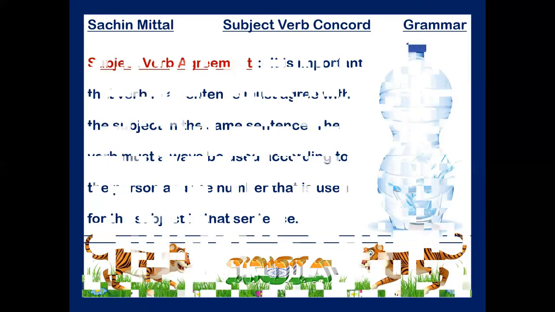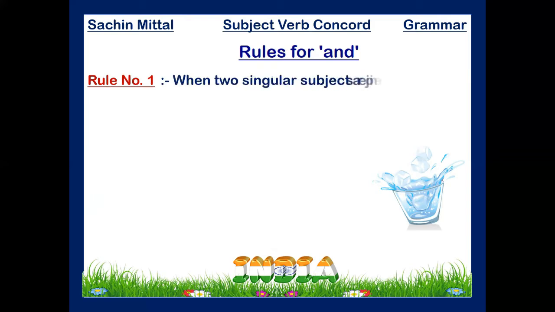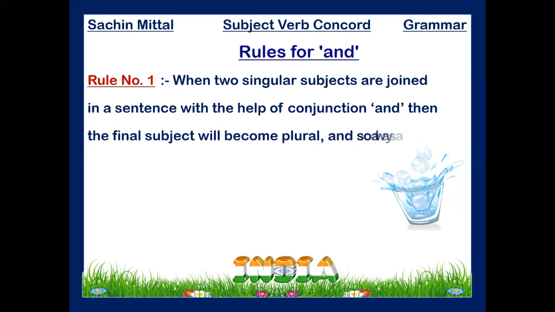Rule number 1. Students, the first rule is for the conjunction and. So the first rule says that whenever we are joining two single subjects in a sentence with the help of the conjunction and, then the final subject will become plural.